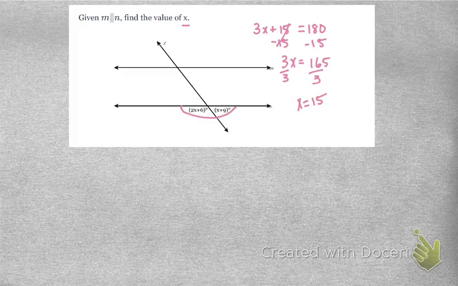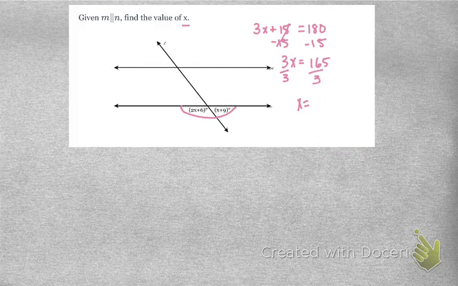Does that look right? That is not 15. I don't have a calculator. 3 goes into 165... oh, 50. Oh, goodness gracious. And that is 55. Not 15, 55. Okay.